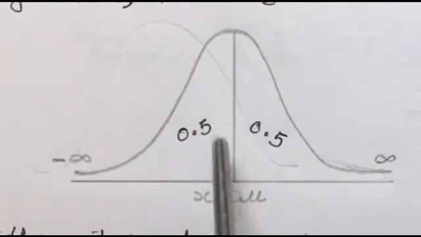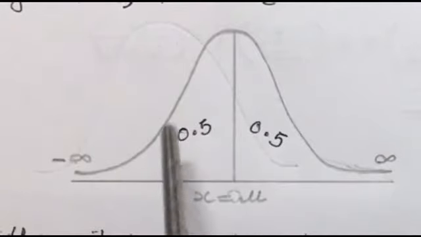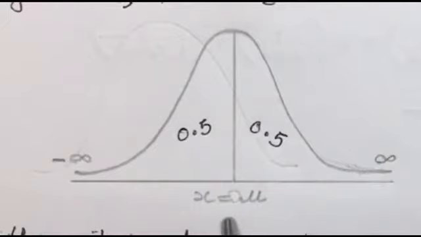The vertical line exactly in the middle is considered to be the line of mean, that is x equal to mu. Now for the graph to be symmetric, you will find that the value of mean, median and mode are same.